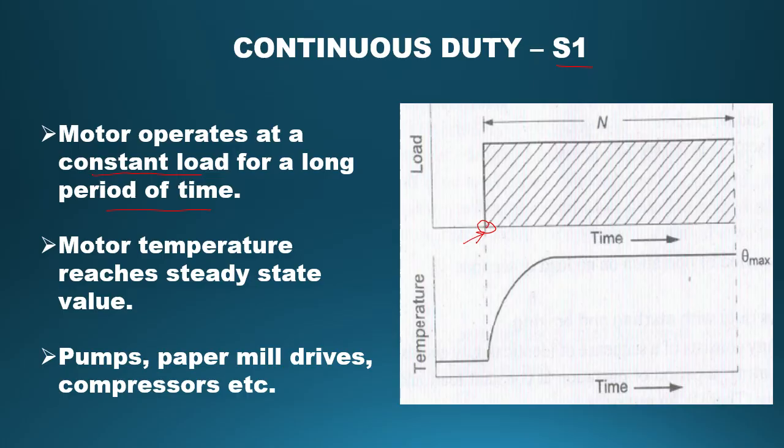Now the temperature starts to rise in the motor, and after some time at this point, the temperature of the motor attains the steady state value, that is theta max, and after that it continues to be at that value. Some examples of this type of motor duty are pumps, paper mill drives, compressors, etc.